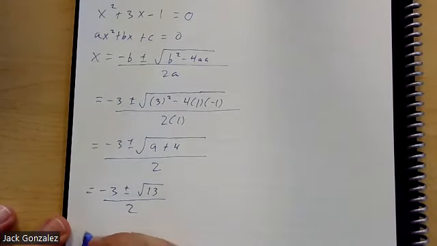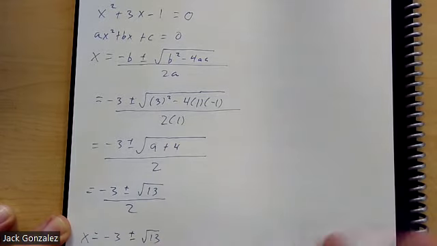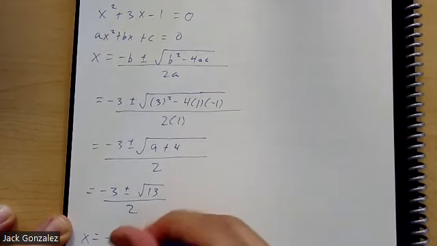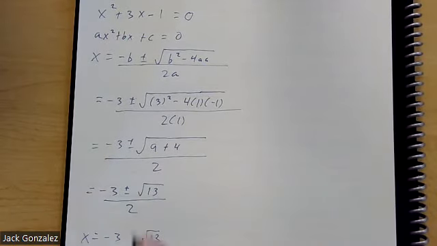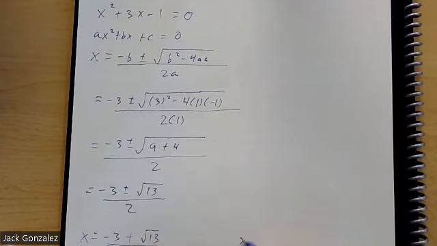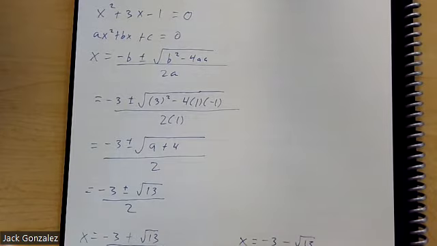Well, that means that x is equal to negative 3 plus or minus square root of 13. Well, actually, let's do it separate. We have two solutions, the plus and the minus, right?